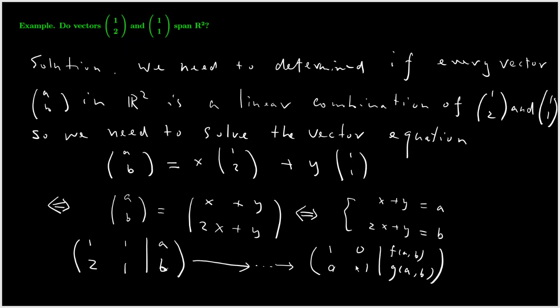Now, if the matrix in RREF, to the left of the bar, has no rows consisting of all zeros, let's recall what conclusion we can make.